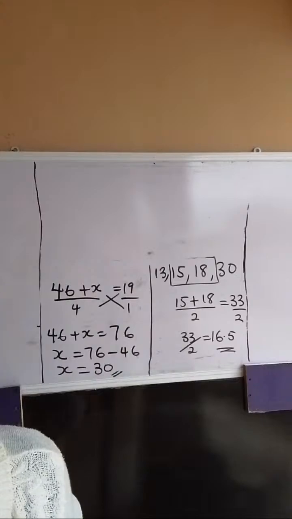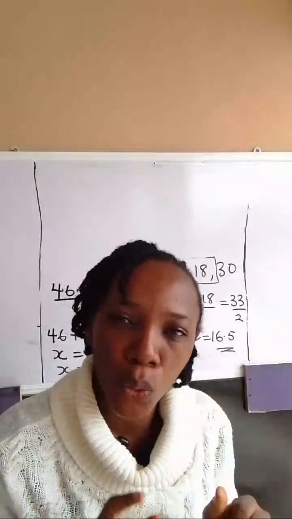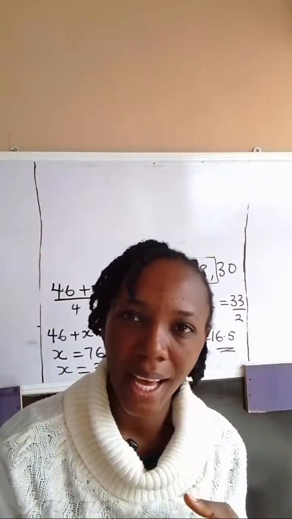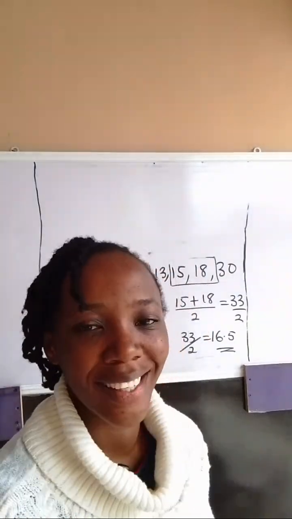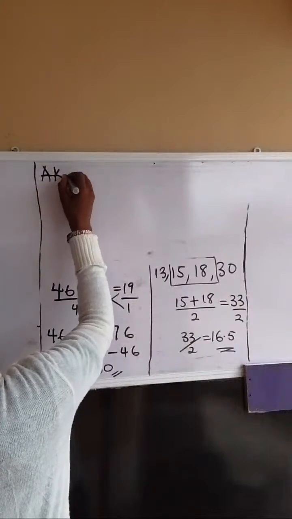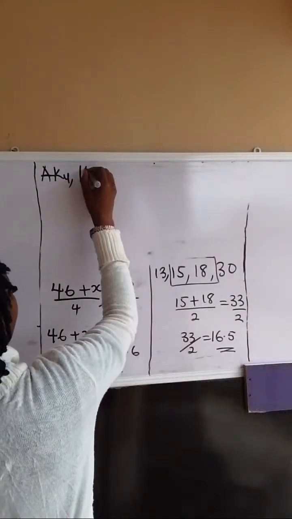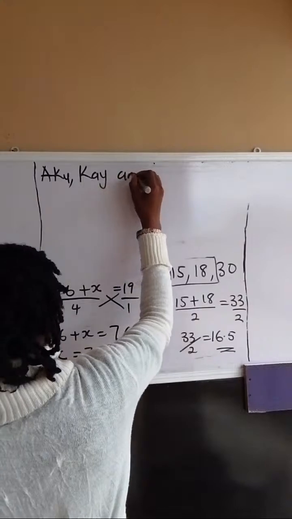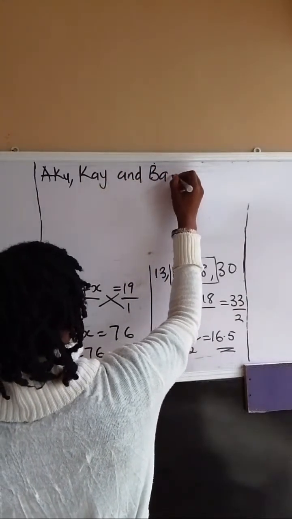Okay, the question says, Aku, K, and Badu. These are names of people.